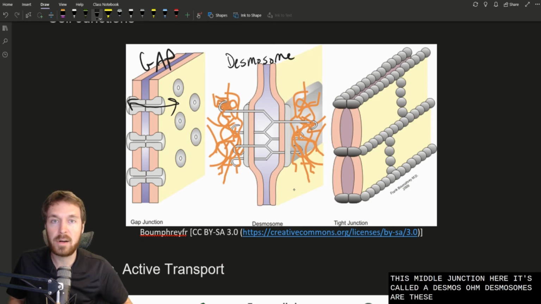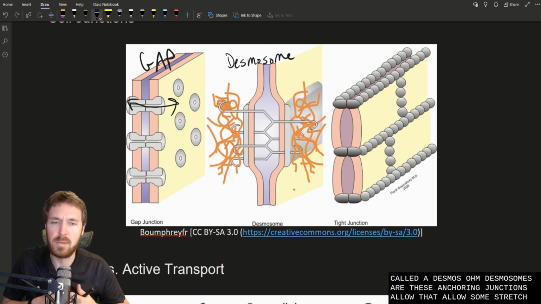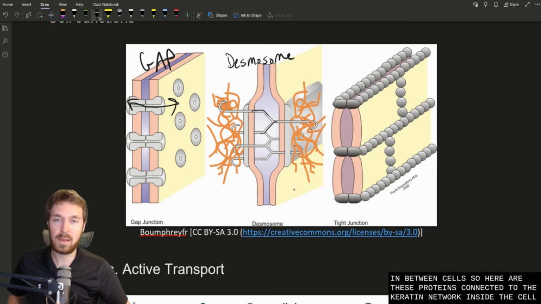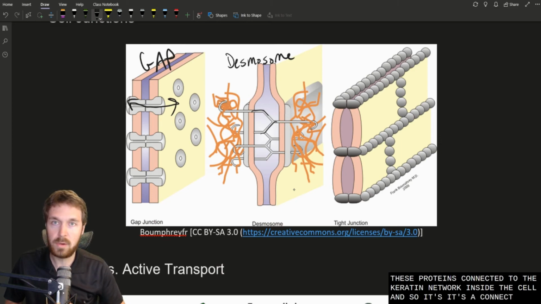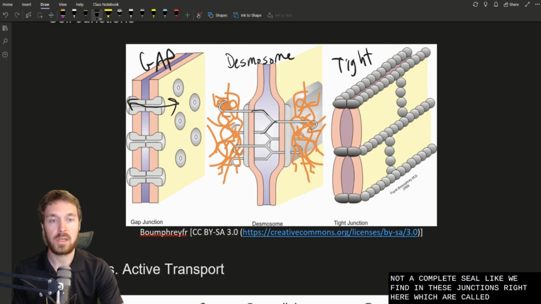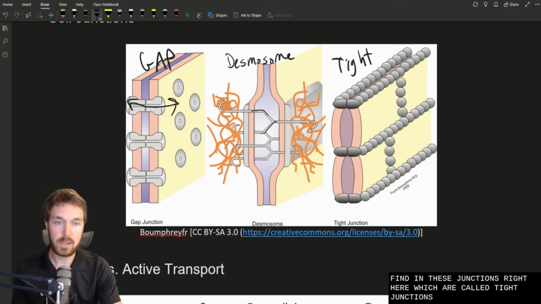Desmosomes are these anchoring junctions that allow some stretch in between cells. So here are these proteins connected to the keratin network inside the cell, and so it's a connection between the two cells, but it's not a complete seal like we find in these junctions right here, which are called tight junctions. So tight junctions are where two proteins are just bound to each other, and it's really difficult to get anything in between these cells.